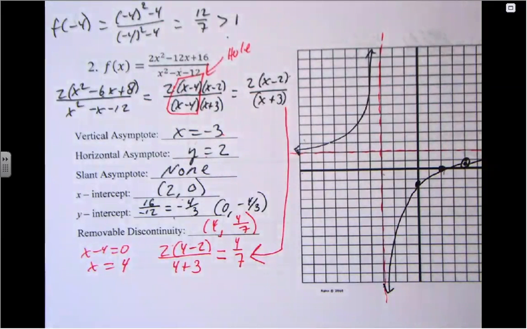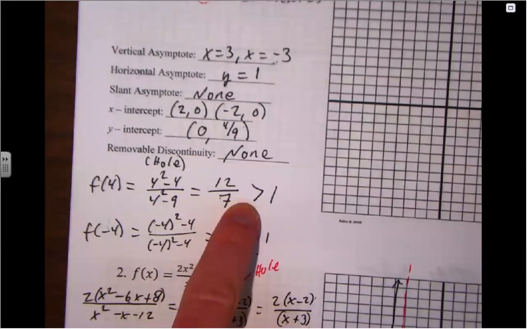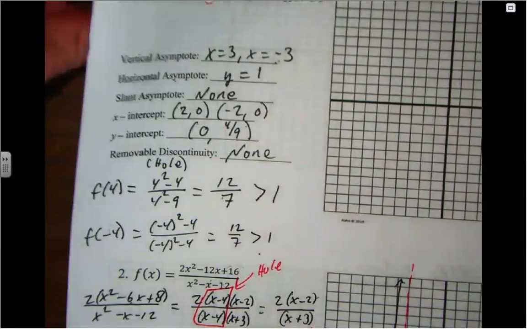Sure. So the reason, like on number 1, the reason I plugged in 4, all I cared about was that it's greater than 1. The reason that's all I cared about is because of where the horizontal asymptote was.